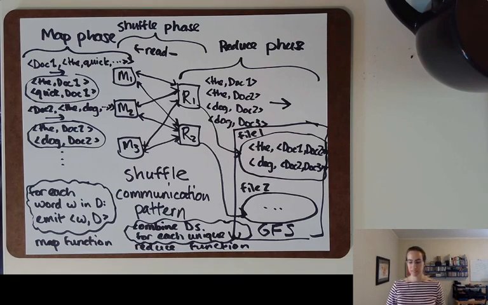Hadoop, yeah. And of course, MapReduce depends on the existence of something like GFS. So Hadoop has its own clone of that too. It's called HDFS, Hadoop Distributed File System.